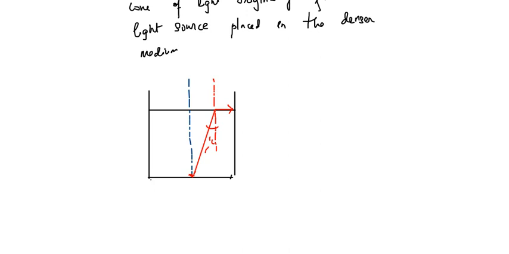Similarly, this side also the same phenomenon will happen. As a result, the light will be coming out in the form of a cone, because beyond IC everything will be totally internally reflected, meaning all the rays of light originating from the source will get reflected inside.